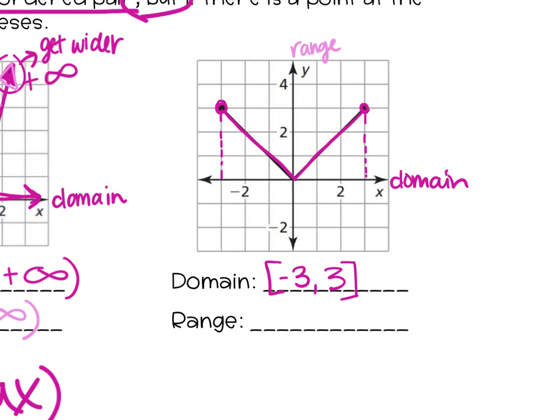So let's look first at how far down. It looks like the minimum is right here, which is 0. There is no arrow on that point, it's just a point here. So put a bracket. And then how far up does it go? So this line here is my maximum, which is 1, 2, 3.